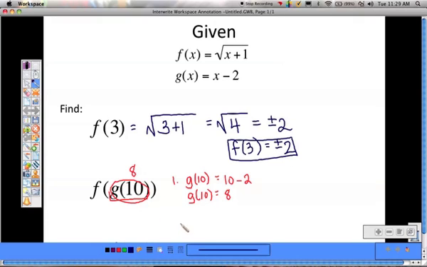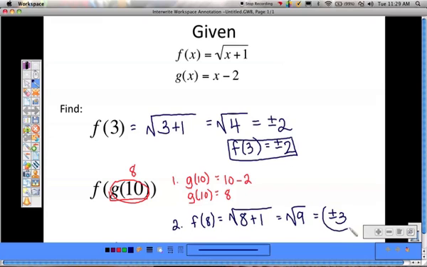So step 2 is let's find f of 8. We plug an 8 in right here, so we get the square root of 8 plus 1. We get the square root of 9, and you get 2 answers, plus or minus 3. So your final answer, f of g of 10 equals plus or minus 3.